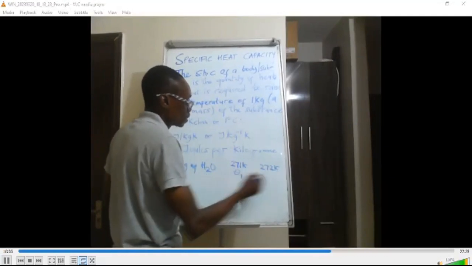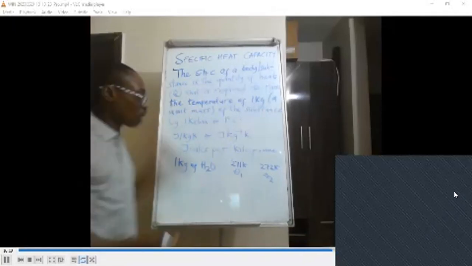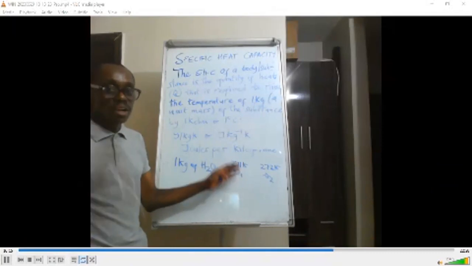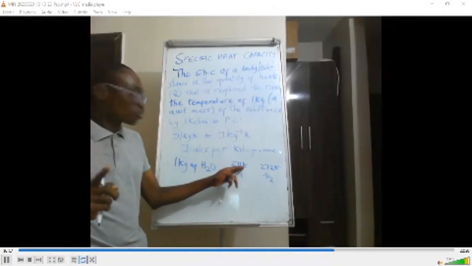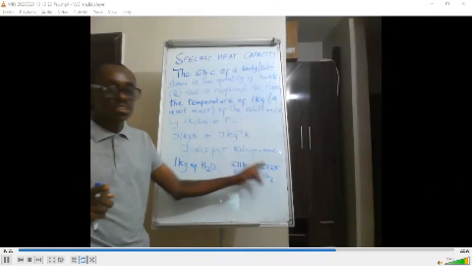This is theta 1, initial, and this is theta 2, final. How much heat do you need to raise 1 kilogram of water from 271 to 272?